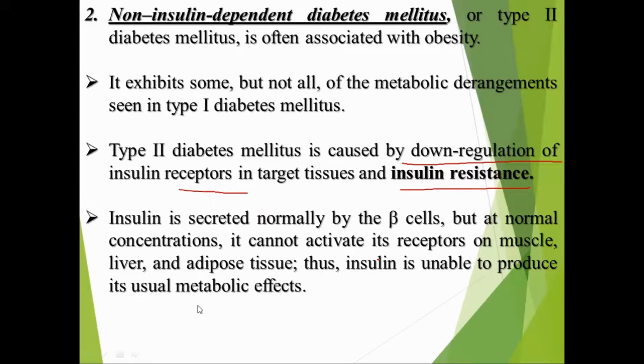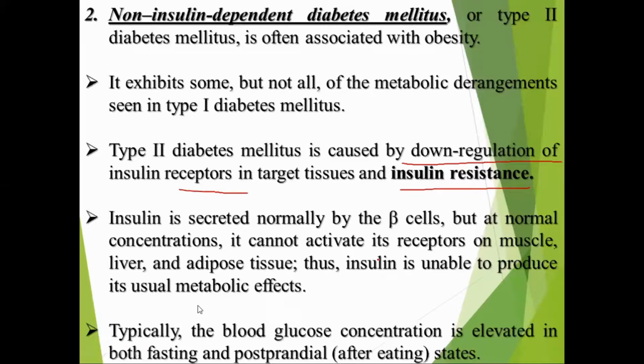So if there is problem with receptor, their functions will not be shown. So typically blood glucose concentration is elevated both in fasting and postprandial, that is after eating states.